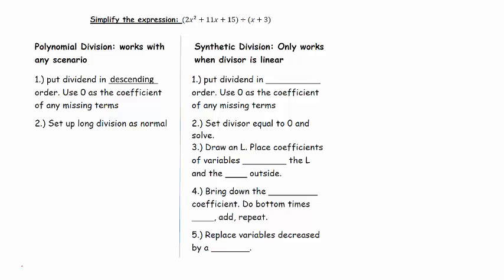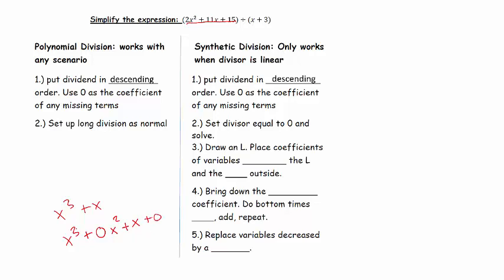Regardless if you're doing synthetic or polynomial division, you need to put your dividend, so this would be the dividend, in descending order. You need to use 0 if you're missing any terms. For example, if you have x cubed plus x, you need to rewrite it as x cubed plus 0x squared plus x plus 0.